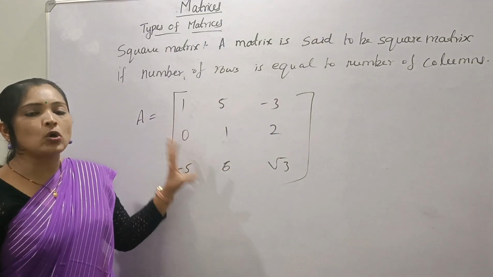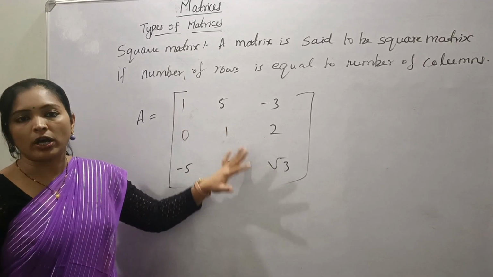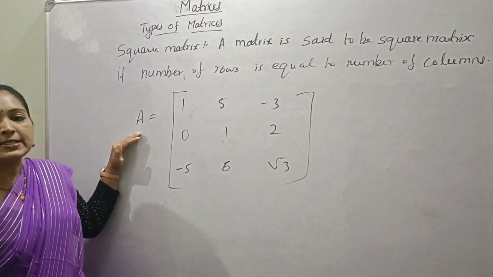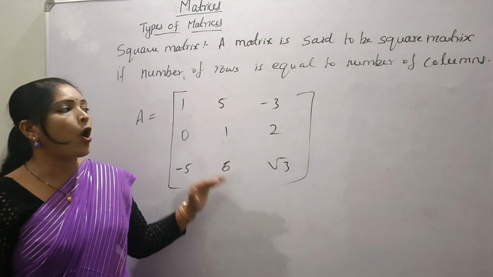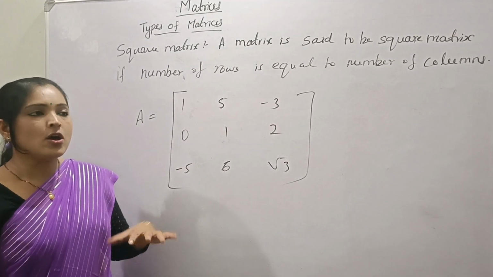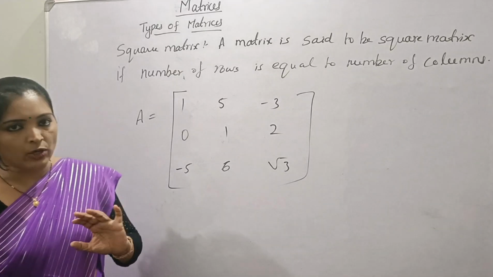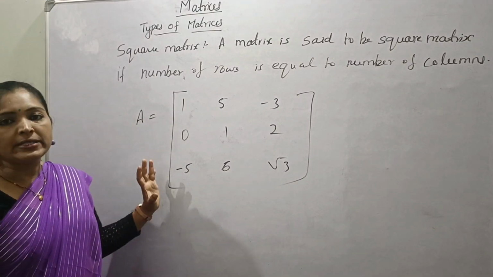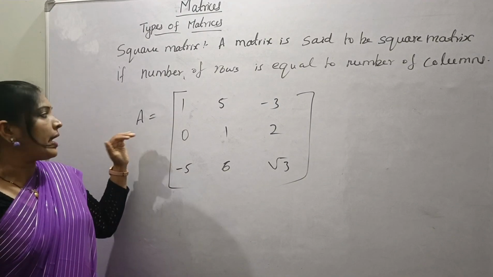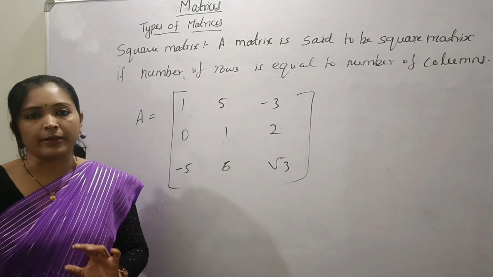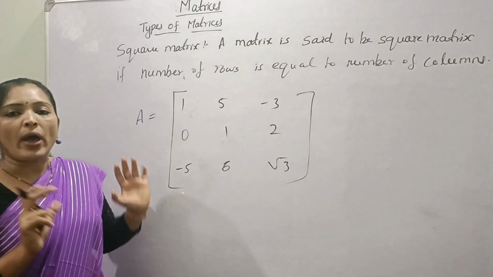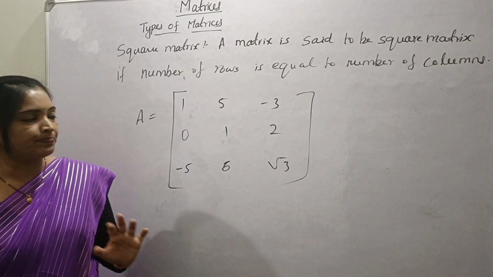Here number of rows is equal to number of columns. So the matrix A is called a square matrix of order 3 by 3. Or we can say here number of rows and number of columns are equal. So we can say A is a square matrix of order 3.